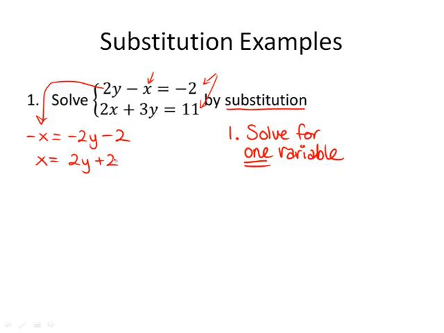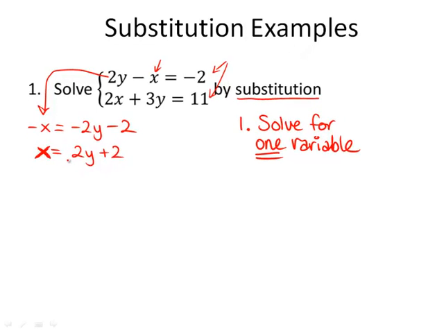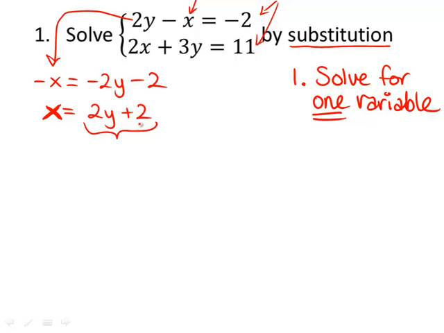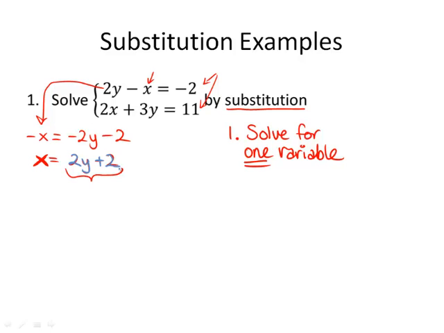Now, what's happening is that we have x as being the same as 2y plus 2. What we can do is we can take the 2y plus 2 and replace it with any x value in the other equation.